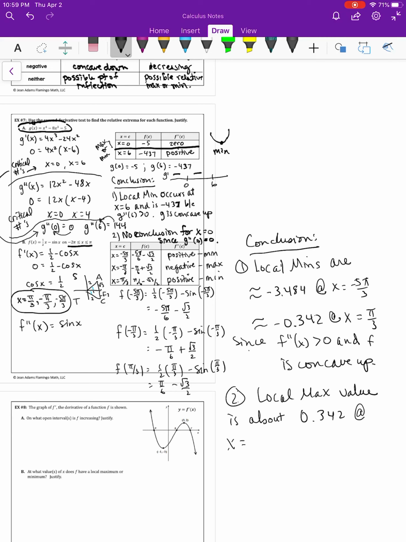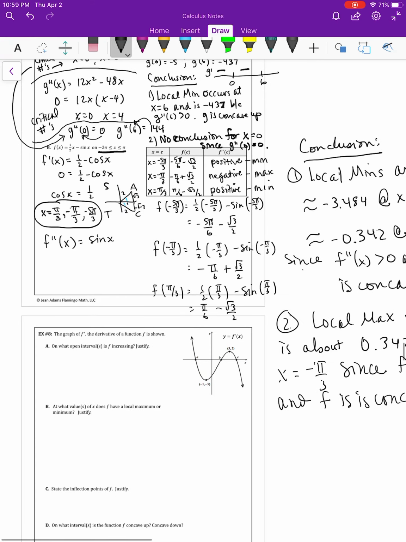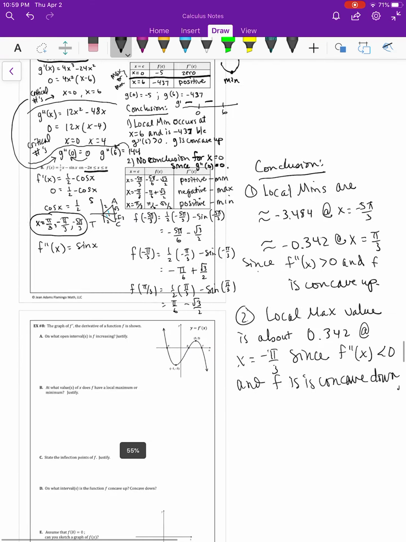At x equals negative pi over 3, since f double prime of x is less than 0 and f is concave down. So concave down gives you that maximum. And that is our finding the max and the min using the second derivative test.